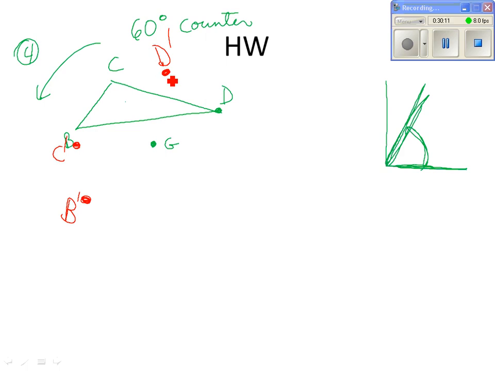So our triangles here, looks like this original triangle just moved around. Okay? That help any? Other questions?